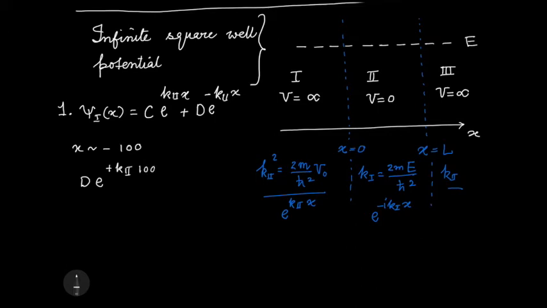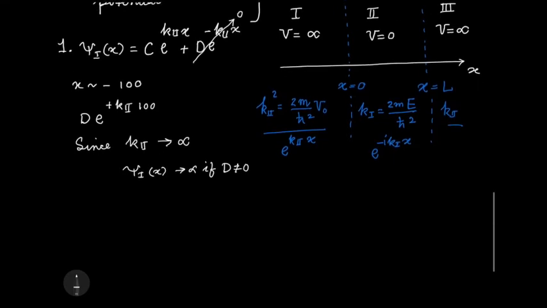And you immediately see there is a problem, because K2 is almost infinity, so this will make psi1x go to infinity. The only way we can save it is setting D equal to 0. If D is not equal to 0, psi1x will go to infinity, so I have to set D equal to 0. So this term will go away, and I'll be left with C e to the K2x.